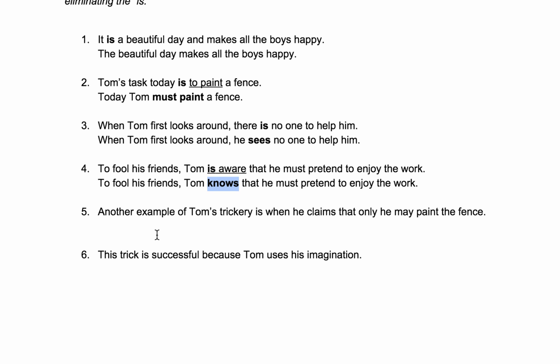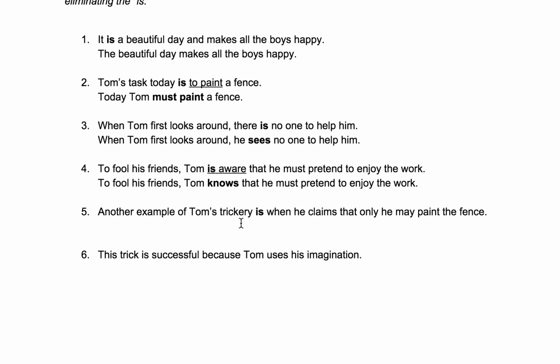Okay. Another example of Tom's trickery is when he claims that only he may paint the fence. So here's our form of be, is. And we notice that we have a big long chunk of a subject and then this verb is. And that is actually an awkward way to construct a sentence. It's hard for a reader to process all the information in this subject and then to process it along with this linking verb here.